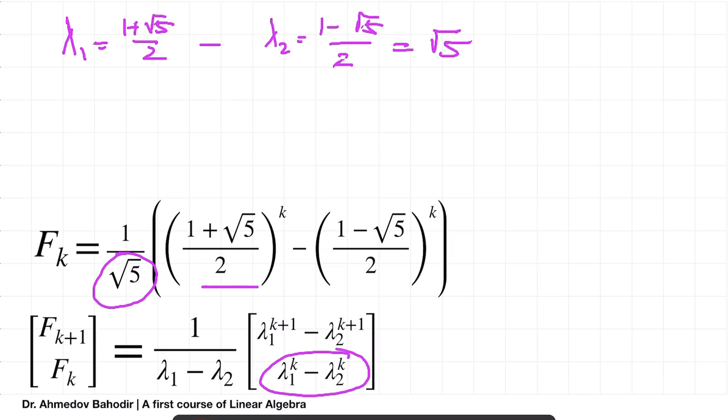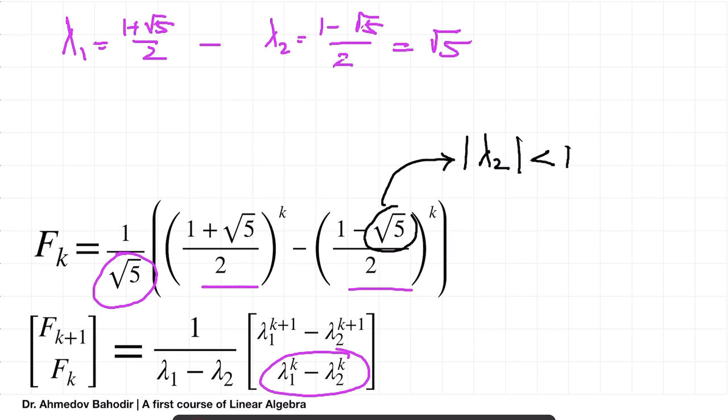And lambda 1 to the power of k is this number, lambda 2 to the power of k is this number. And if you evaluate lambda 2, its absolute value is going to be a number smaller than 1, because 1 plus square root of 5 is slightly more than 2, and if you subtract the 1, it's going to be slightly more than 1. And if you divide this by 2, obviously this number is going to be less than 1.